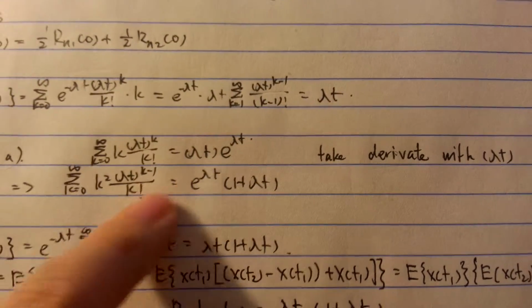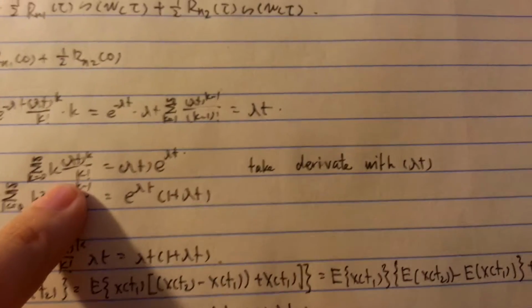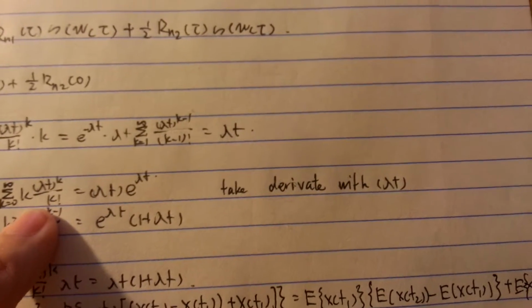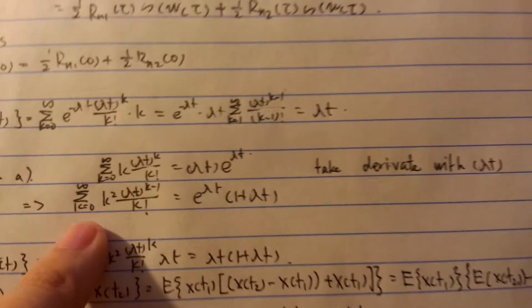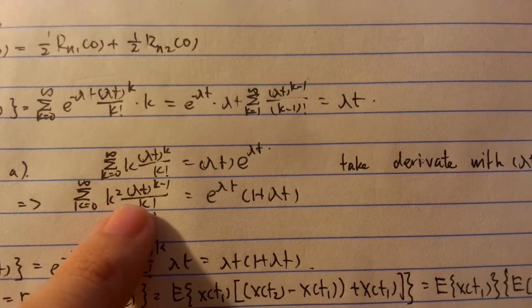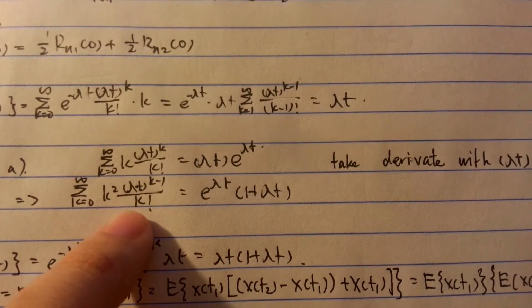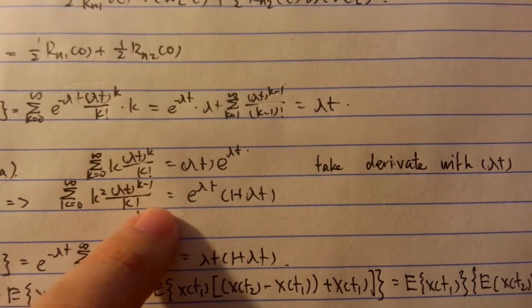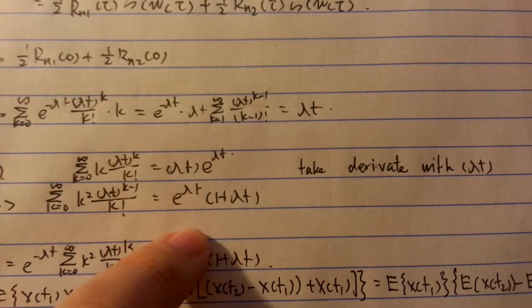Then we take the derivative of both sides with respect to lambda t, and what we get is the summation of k squared times lambda t to the k minus 1 over k times k minus 1 times k minus 2 equals e to the lambda t times 1 plus lambda t.